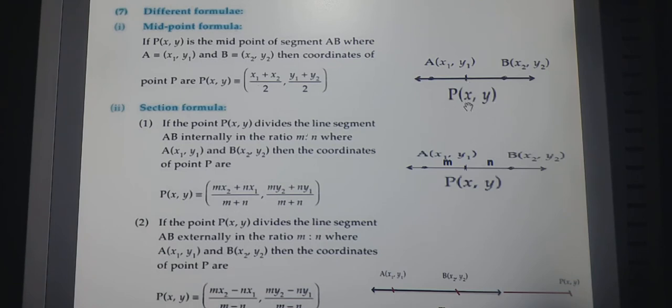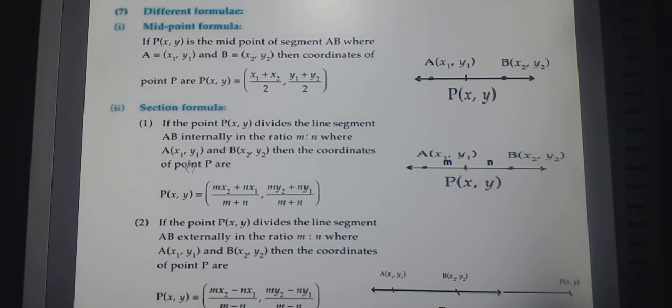Then we can write this coordinate (x, y) in terms of x1, y1. So see the first midpoint formula. If P of (x, y) is the midpoint of segment AB, where A stands for (x1, y1) and B stands for (x2, y2), then coordinates of point P are P of (x, y) equals (x1 plus x2) upon 2, y coordinate is (y1 plus y2) upon 2.